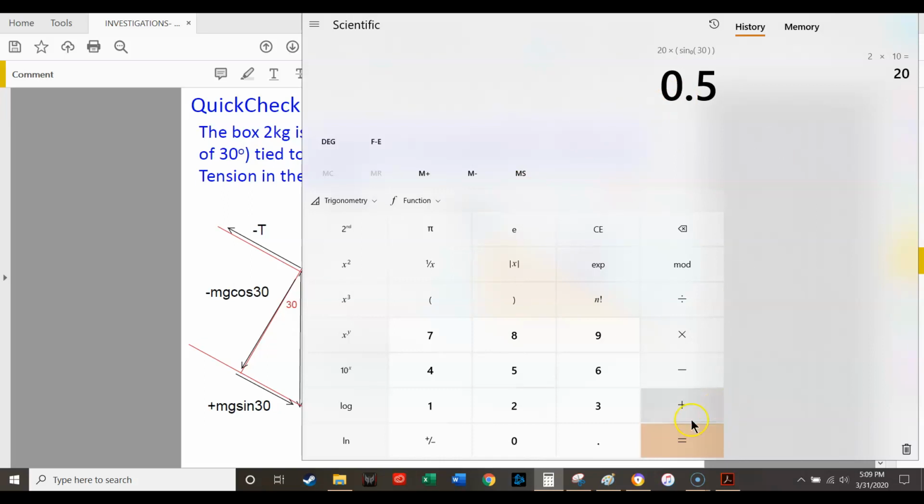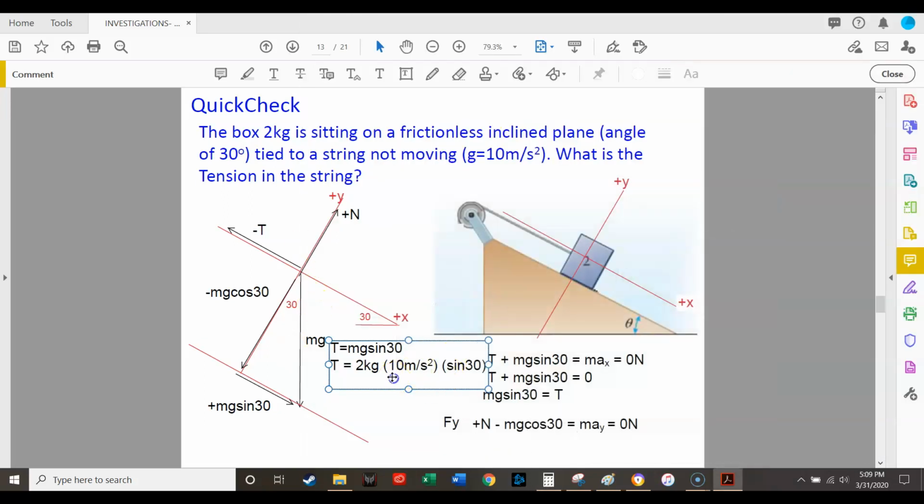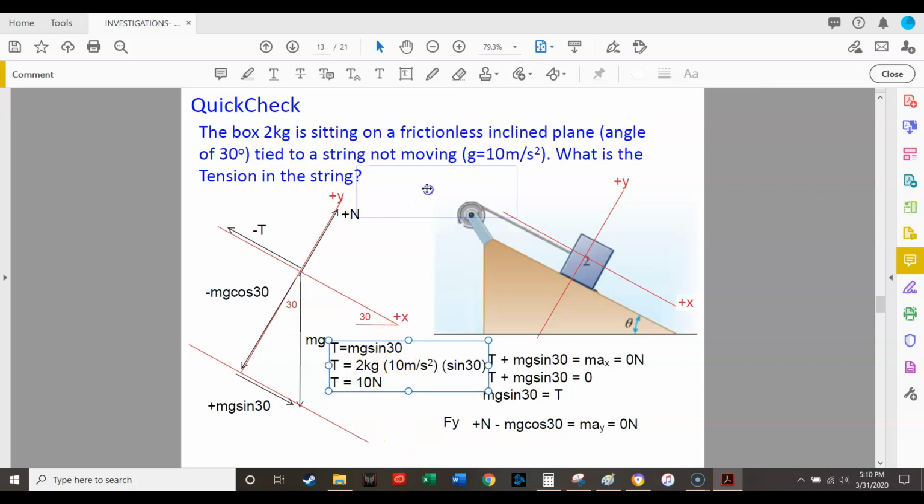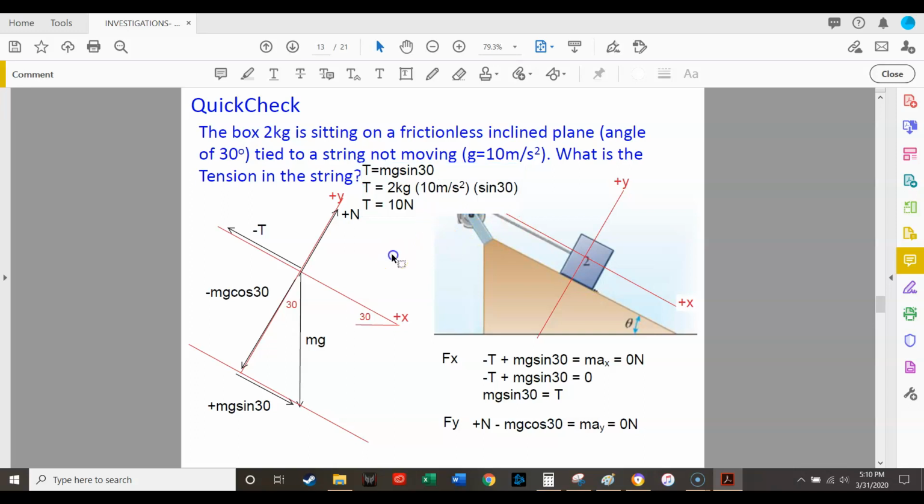So that is 10. What that means is the tension force is equal to 10 newtons. And that's our answer. And there you go, there is this problem.